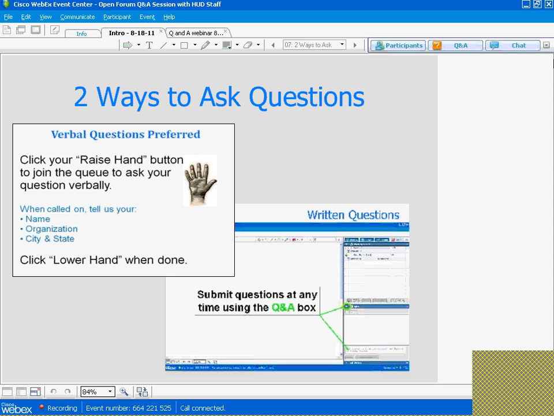I am calling from the Metro Development and Housing Agency in Nashville, and we have NSP1 and NSP2, and I have a question about NSP2. We have a developer who has an option on a property that they found out during the due diligence process has liens on it and legal issues.